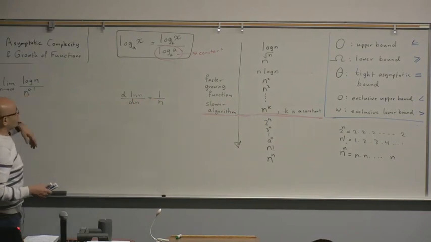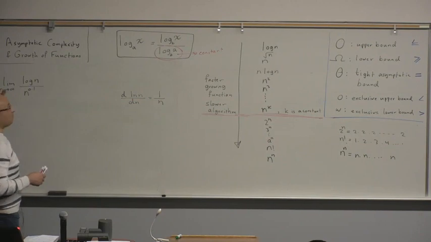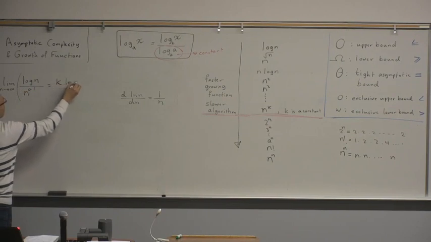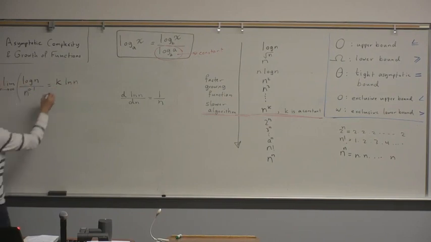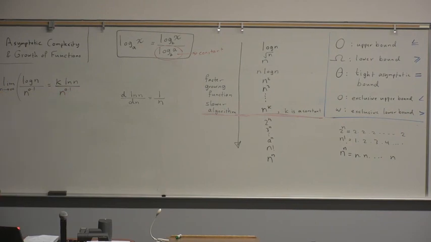So now, in order to convert log n to ln n, we will multiply by some constant. We don't care what that constant is. We can calculate it if we want, but we are not interested for the sake of calculating this limit. So this is going to be equal to k ln n, some constant, divided by n^0.1.